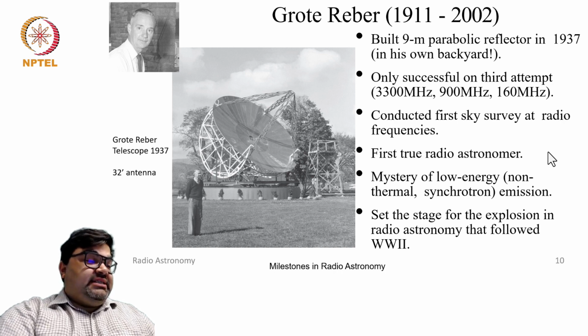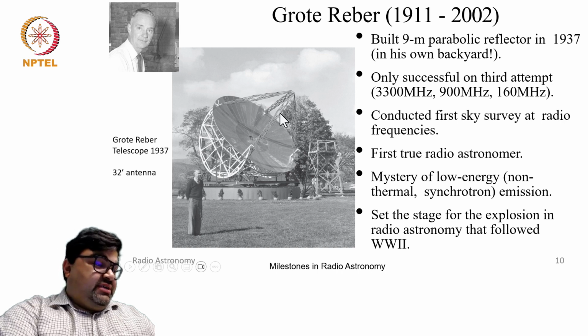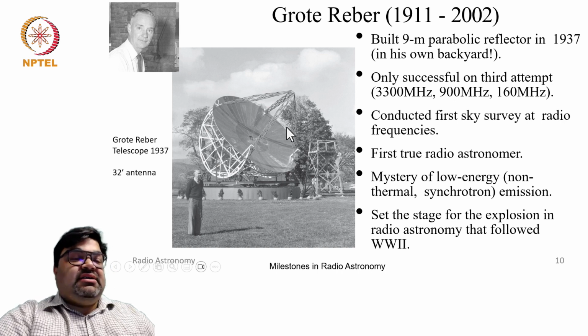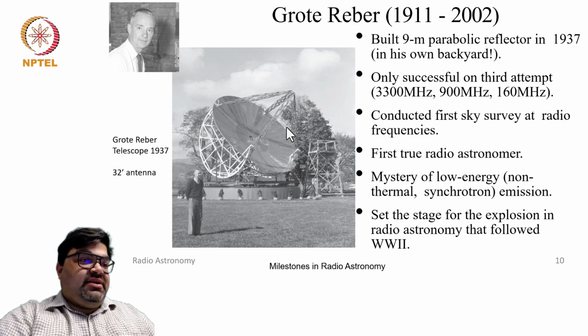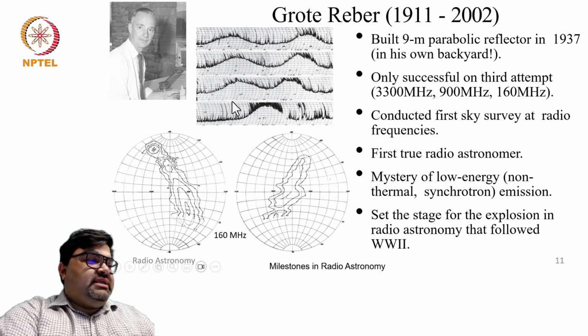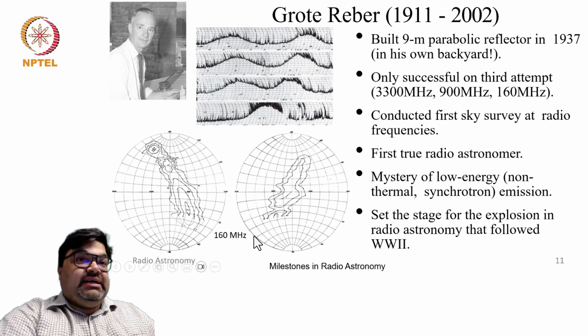So this is Grote Reber in front of his 32-foot antenna. Sorry, this is currently lying in the Green Bank Observatory of NRAO in the US. This next slide shows us the contour maps, the strip charts on the top, and the contour map of the galaxy at 160 megahertz.